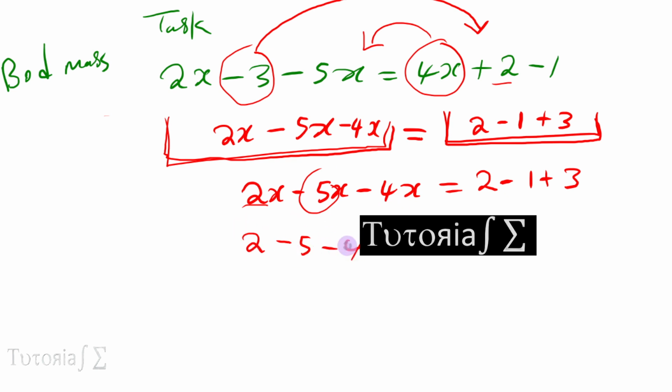Remember you're using BODMAS, 2 minus 5 will give us negative 3, then minus 4, so this will give us negative 7. So this would be negative 7x is equal to, then here we simplify as well.